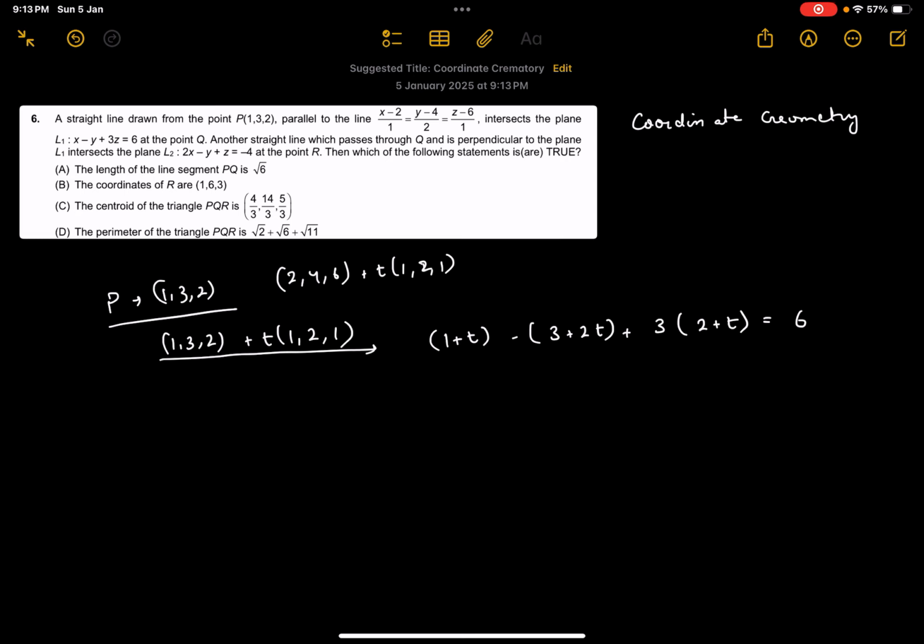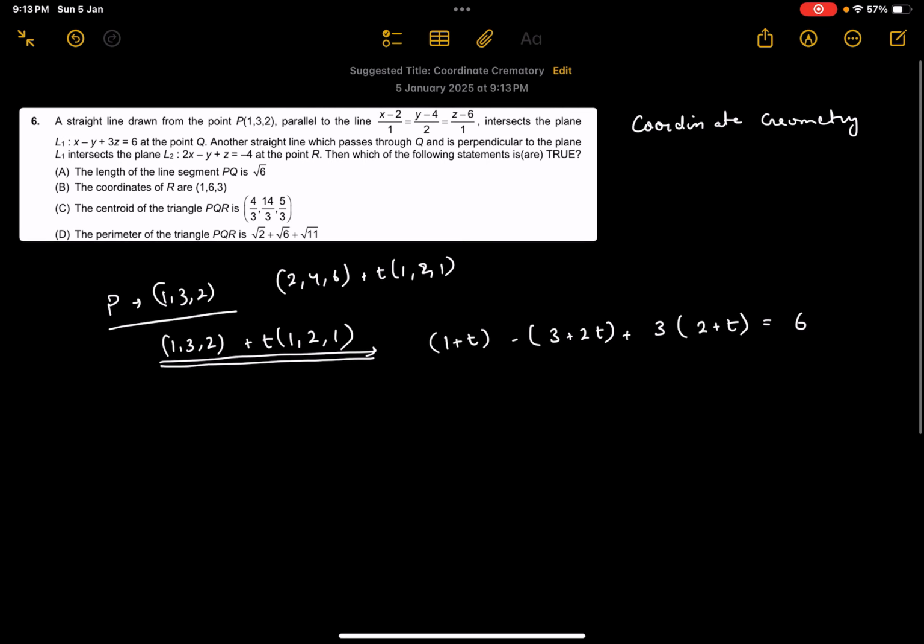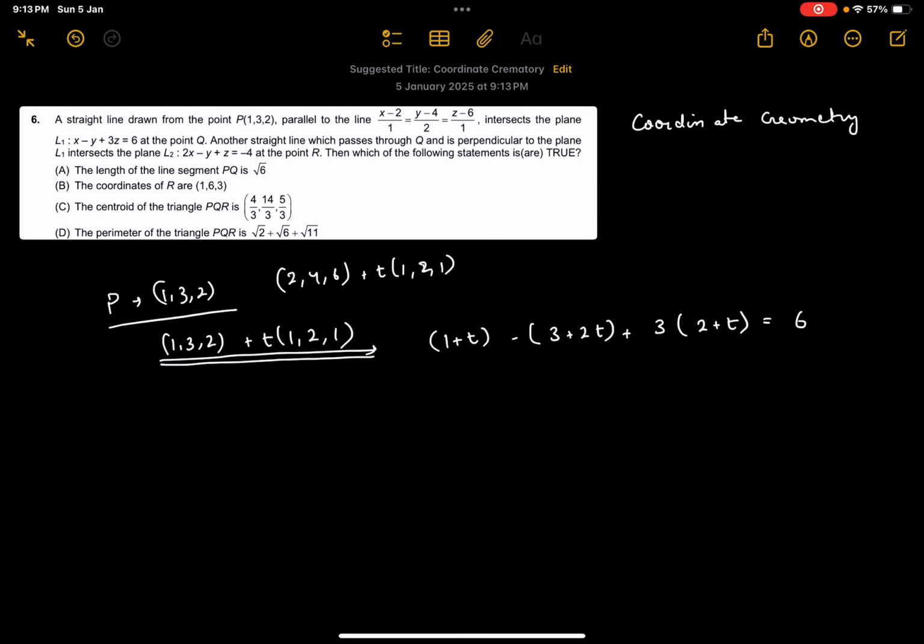What we did is we found all the points which are on this line, in the parametric form, and then we solved it with the equation of the plane by substituting x, y, and z in terms of t. So that gives us 1 minus 3 plus 6, which is 4, plus t minus 2t is minus t, plus 3t, plus 2t, equals 6, which gives us t equals 1.